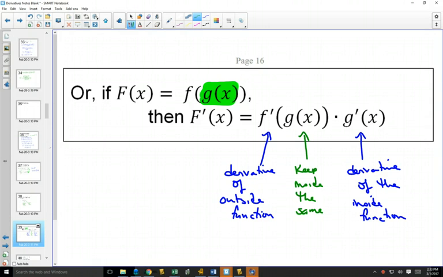And so we can do this, and we can even extend this to be beyond. Sometimes we're going to get a function inside of a function inside of another function. So you have like multiple chain rules happening.